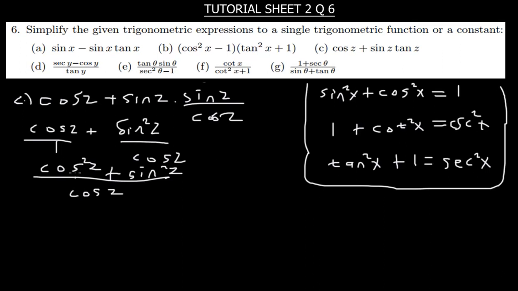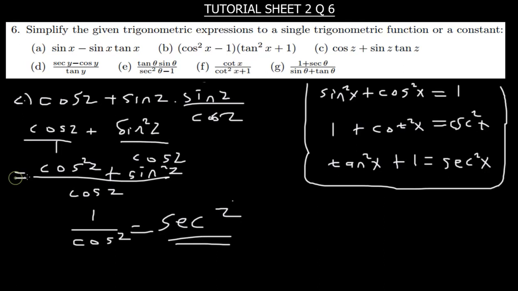Then we know that cos squared plus sine squared is the same as 1. So this is just the same as 1 over cos z, which gives you sec z. So this is your answer for C, as simple as that.